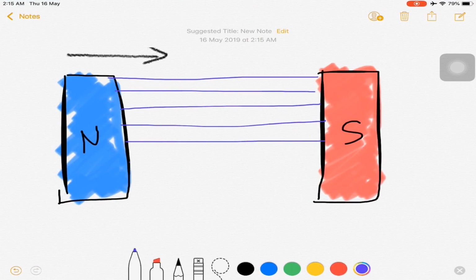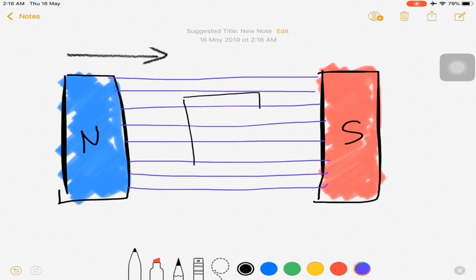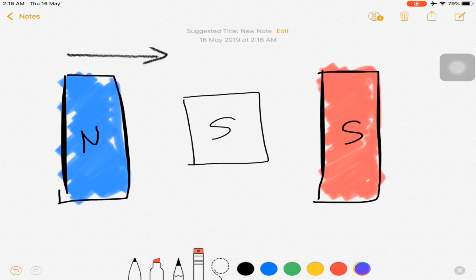When a diamagnetic substance is placed in the perpendicular direction to the magnetic field, like this, the magnetic field lines prefer to pass away from the substance, like this.